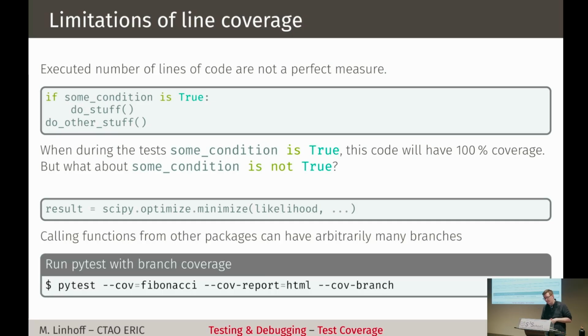So we can try to do this, at least for our own code. It will still be very limited in terms of the branches inside of the code we call. But you can say that you want to record branch coverage here.